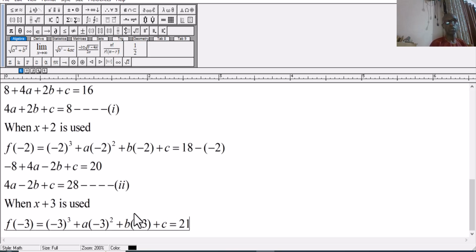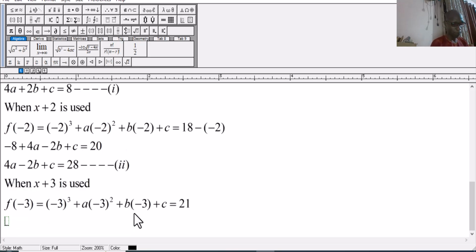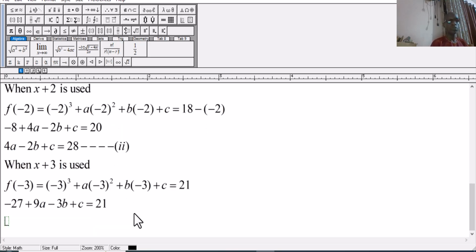The remainder was 21, meaning that was used. So we have minus 27 plus 9a minus 3b plus c equals 21. So we have 9a minus 3b plus c equals 48.